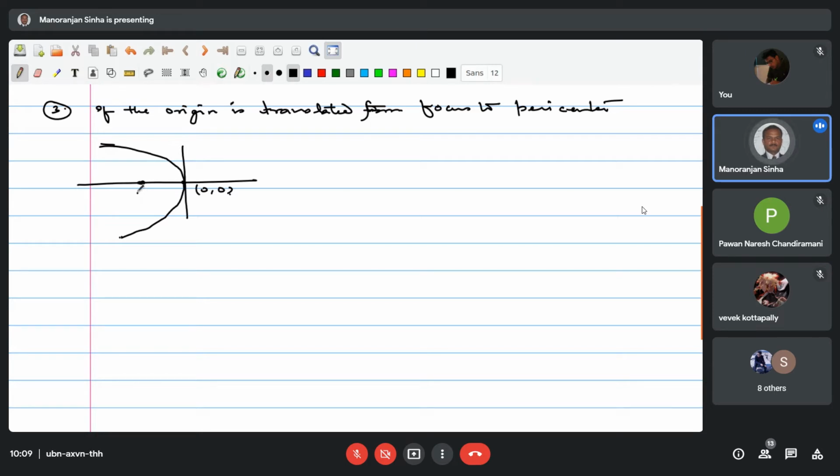The focus is somewhere lying here. r is always measured from the focus.